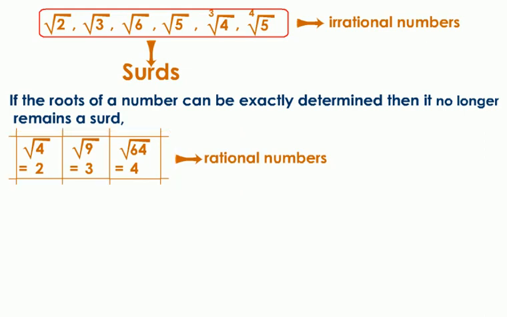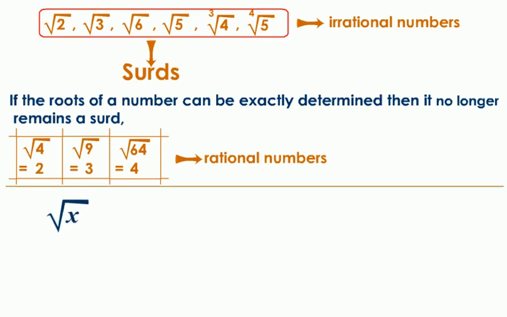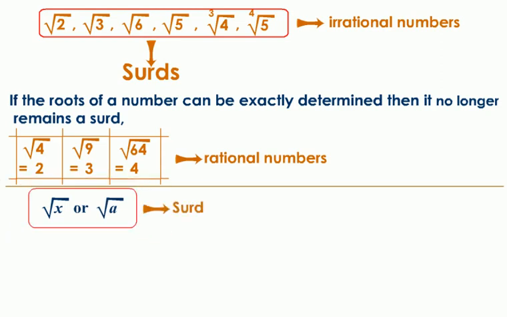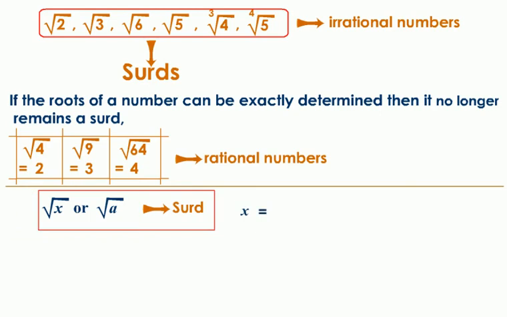In algebra, an expression of the form √x or √a is called a surd. When x is 2, √x is equal to √2, which is a surd.